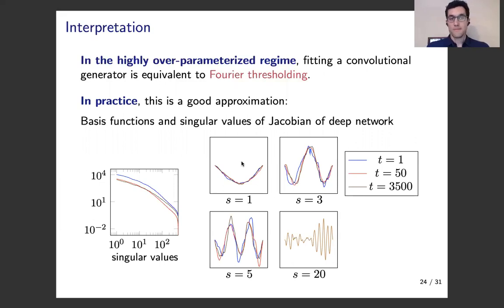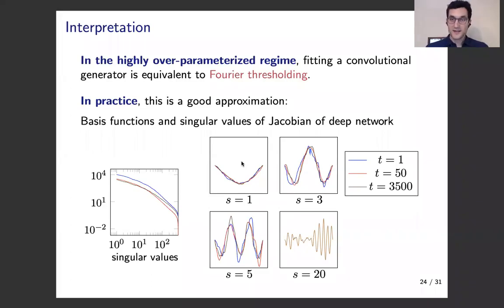What I did is I looked at the basis functions and singular values of the Jacobian of the actual network that we use in practice. Remember, the correspondence here is that if the network becomes very wide, then the Jacobian of the network at initialization is a very good approximation to what happens. And the wider it becomes, at some point this approximation becomes more or less exact.